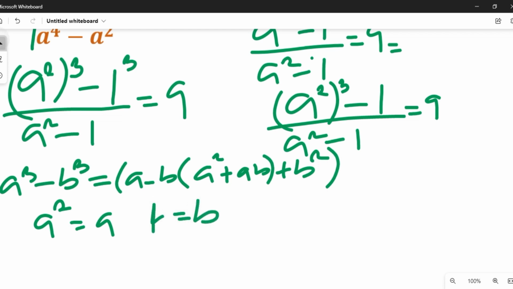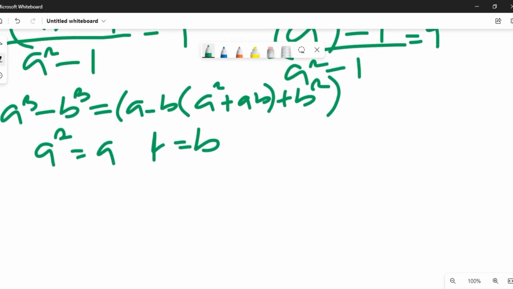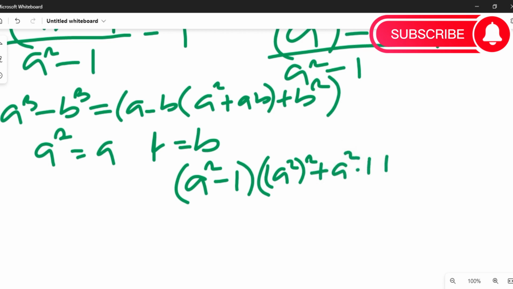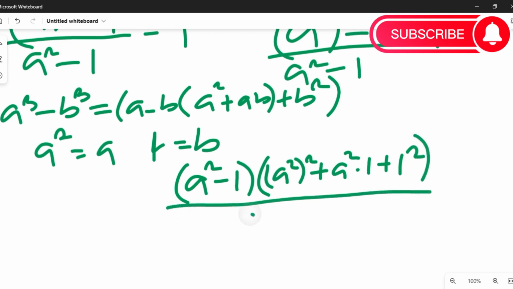So we are now going to have (a square minus 1) multiplied by ((a square) squared plus a square times 1 plus 1 squared), all divided by a square minus 1, and this will be equal to 9.